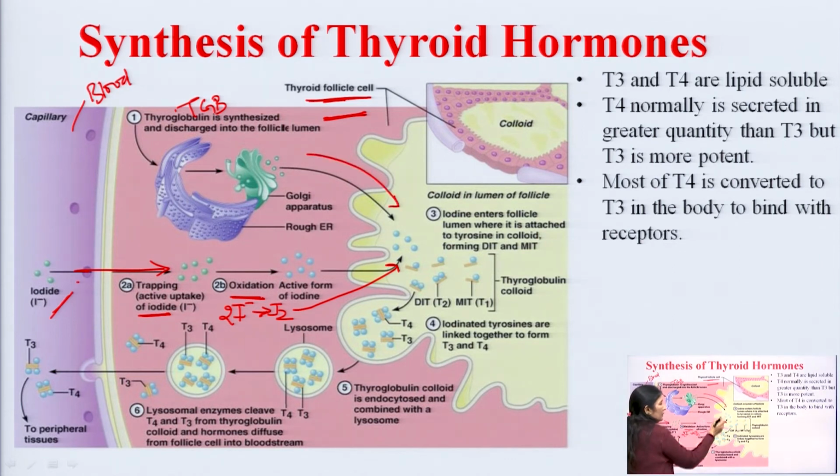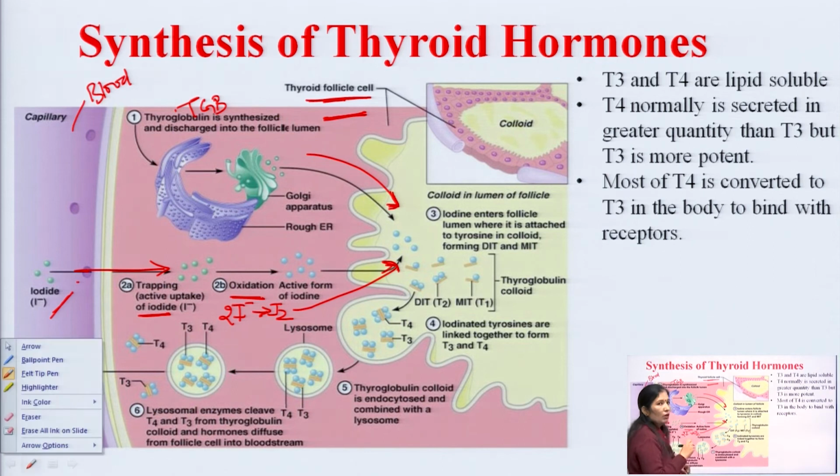Second step was the formation of TGB. TGB was synthesized by the RER, rough endoplasmic reticulum, in the cytosol, and then released into the lumen. So, TGB has reached the lumen, iodine has reached the lumen. Now, both are present in the lumen.